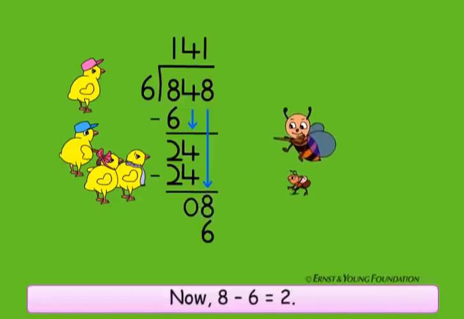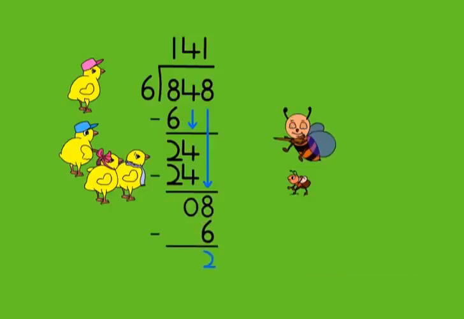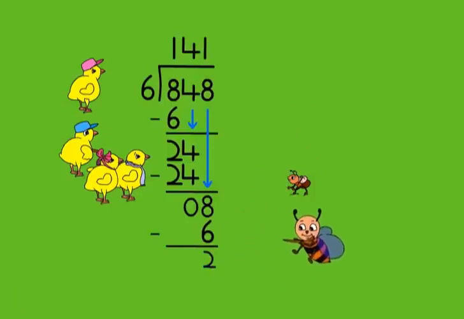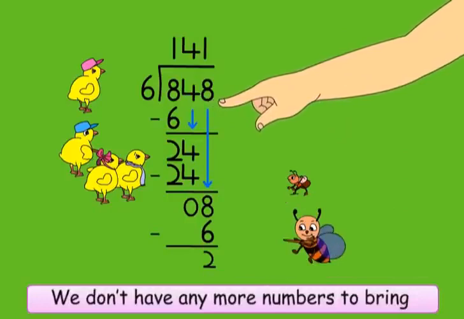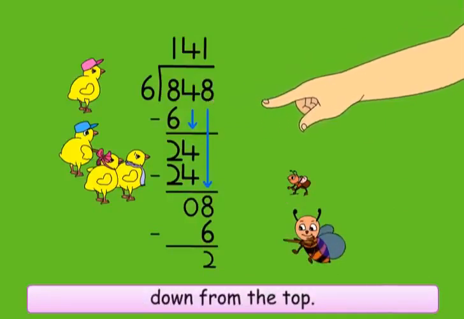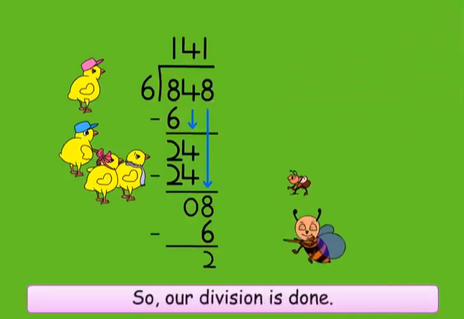Now 8 minus 6 is equal to 2. We don't have any more numbers to bring down from the top. So our division is done.